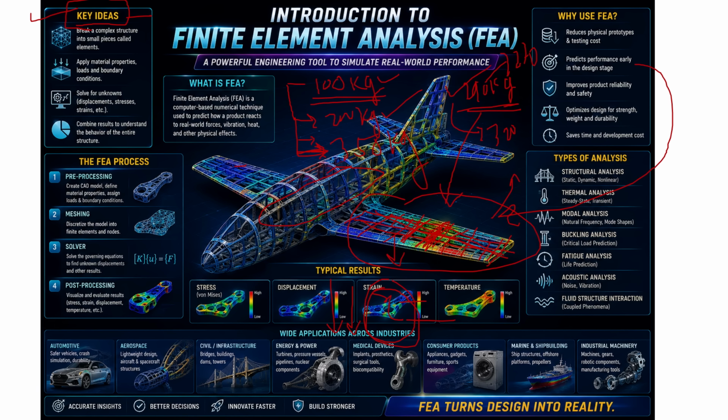Another point is improves the product reliability and safety. So what do you mean by improve the product reliability and safety? While doing the multiple iterations for this aircraft wing, I can note that for my 100 kg load, the displacement of my wing is maybe 5 centimeter, or maybe 2 centimeter.